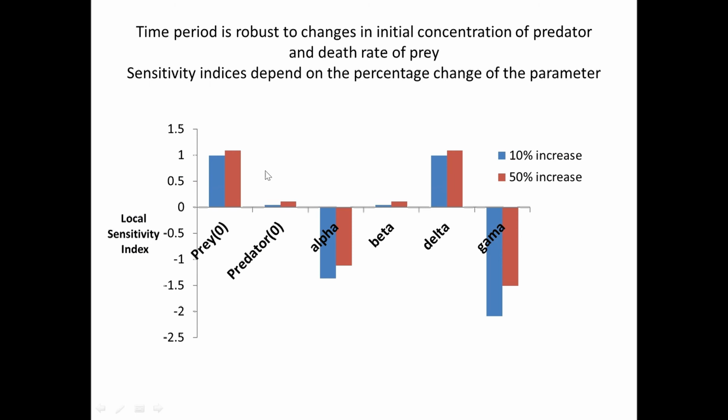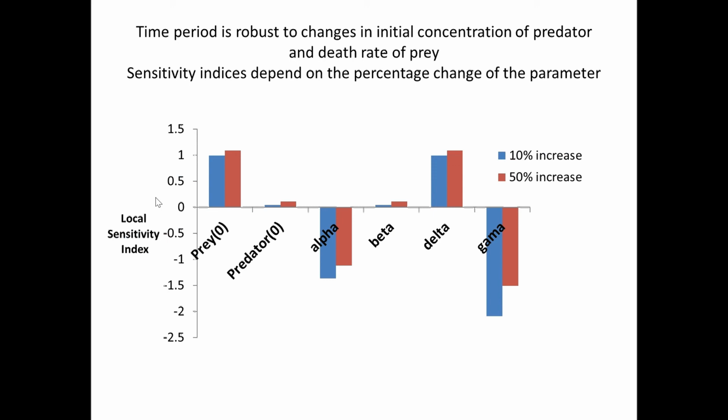So here I have a plot of the local sensitivity index as a function of the different parameters of the model, where I changed each by either 10% or 50%. In both cases I increased. So all values below the horizontal line show that the change is negative. All values above show that an increase in the parameter leads to an increase in the output.